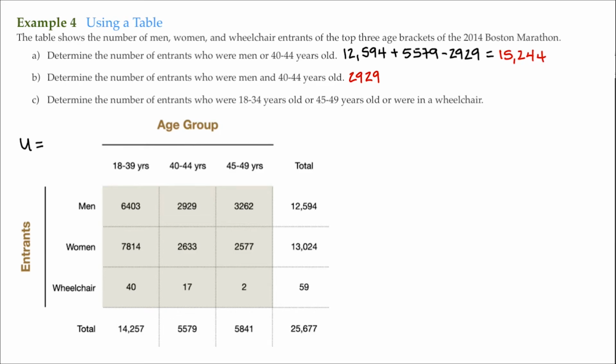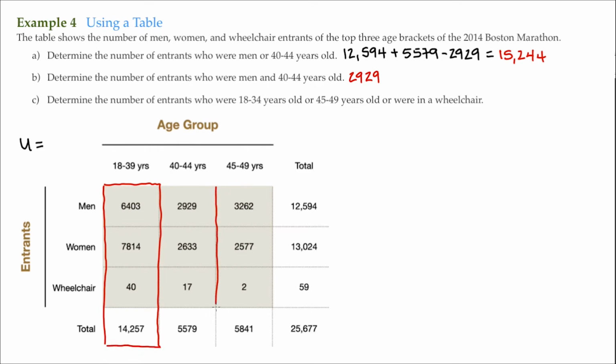And finally, we'll do letter C. It says, determine the number of entrants who were 18 to 34 years old, or 45 to 49 years old, or in a wheelchair. So here, of course, is our 18 to 39-year-olds. There were 14,257.